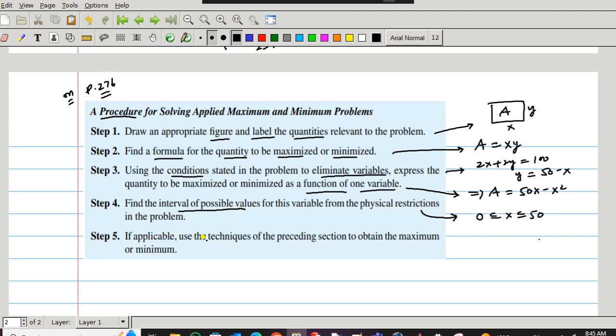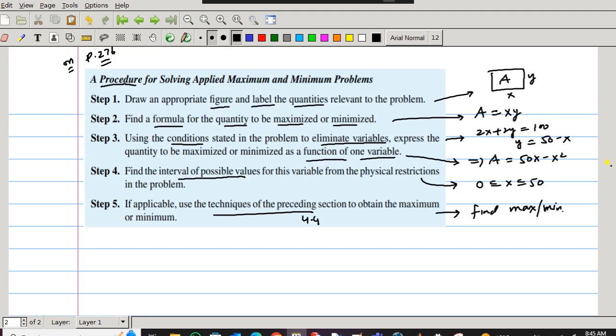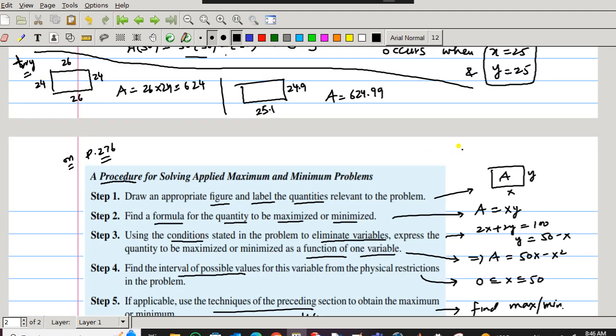And then if applicable, use the techniques from section 4.4 to find the maxima. So we did that at the end, finding maxima, minima. Right? So exactly we followed these 5 steps in the previous example. So now this is a procedure we will do every time. This is what we did for the above example, right?